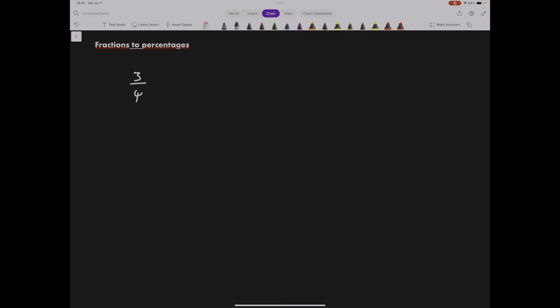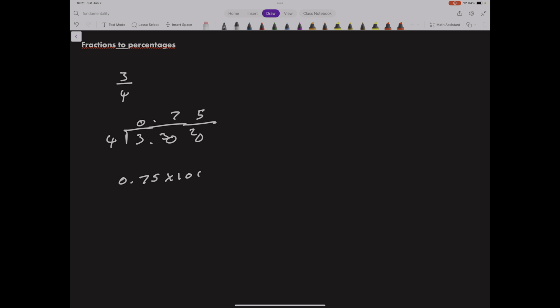We do our division, so 3 divided by 4, and here we're going to get 0.75, and then we times it by 100, and we get 75%. You can see how I've done both steps one after the other. I've gone to a decimal first, then times it by 100 to get my percentage.